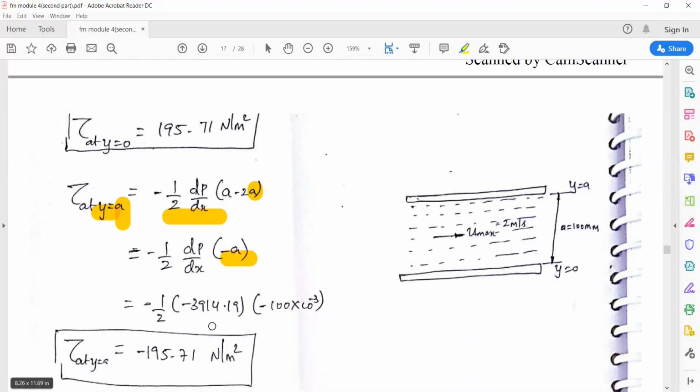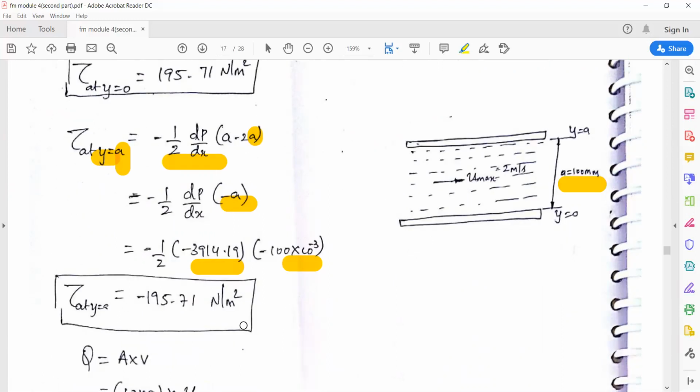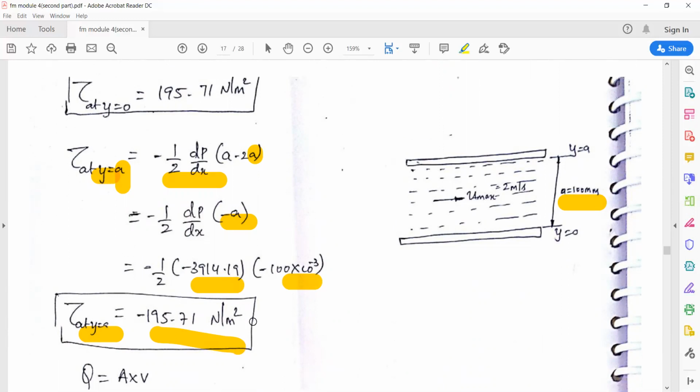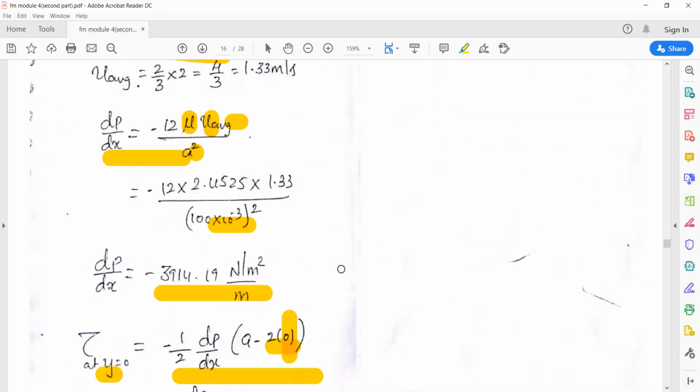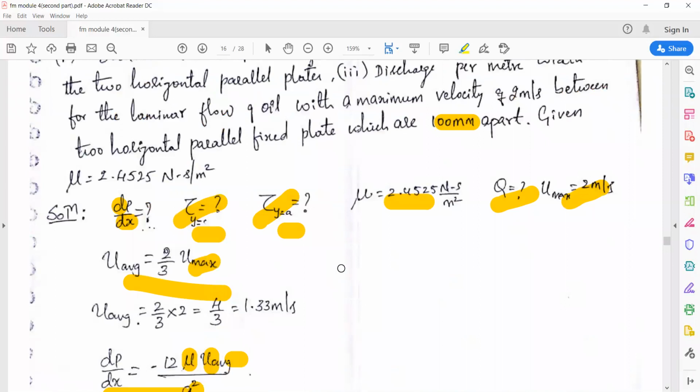So minus 1 by 2 into the dp by dx value, and also minus a, where a is the distance between two plates, 100 mm. You can substitute here and you'll get the value of tau at y is equal to a, that is minus 195.71 Newton per meter square. So that is the second thing they have asked you to calculate.